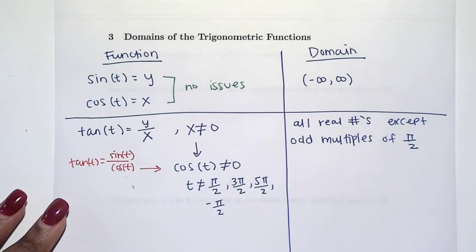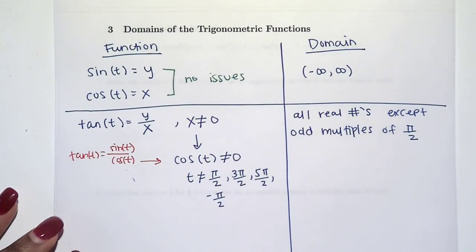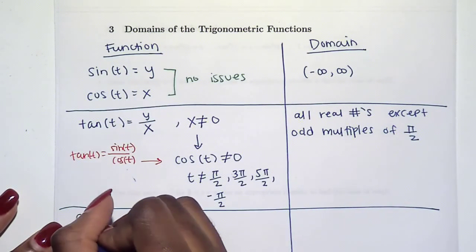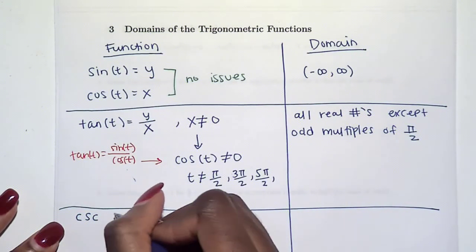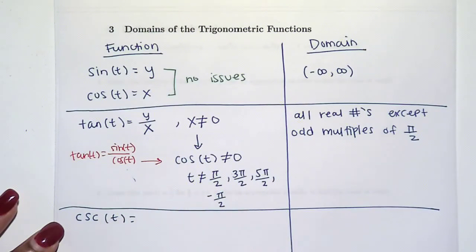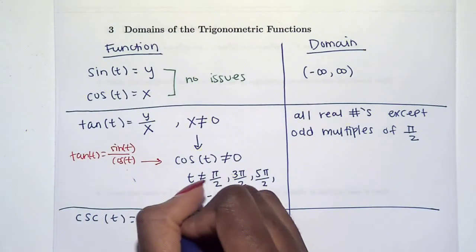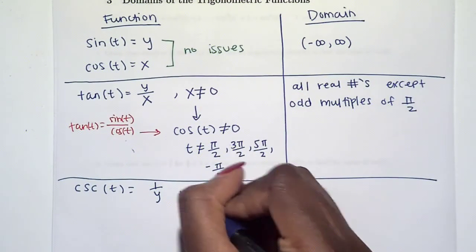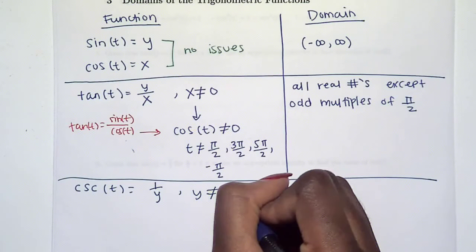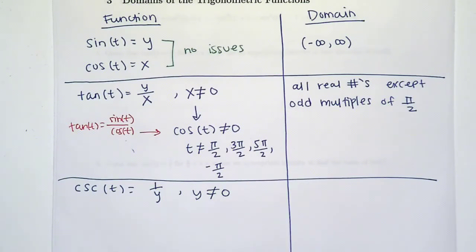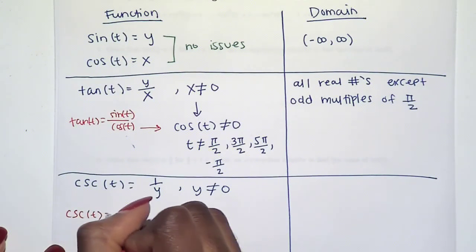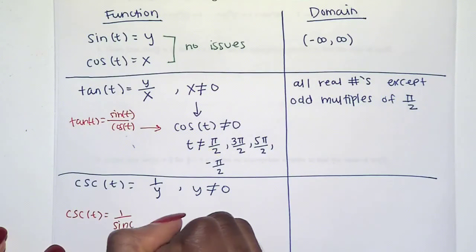All right, let's look at another one. Let's go to cosecant. Cosecant of t is the reciprocal of sine, so 1 over y. We got another fraction here, so we want to make sure that y does not equal 0. We also want to remember that cosecant of t is equal to 1 over sine of t.